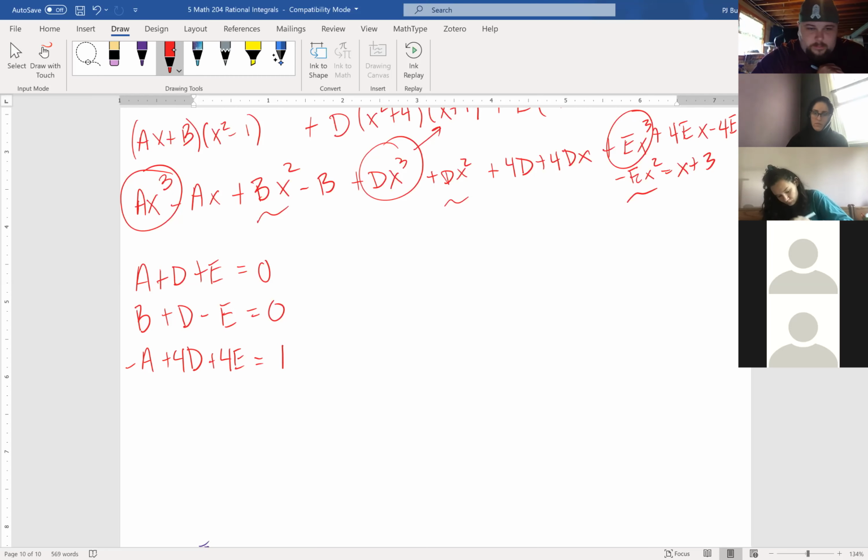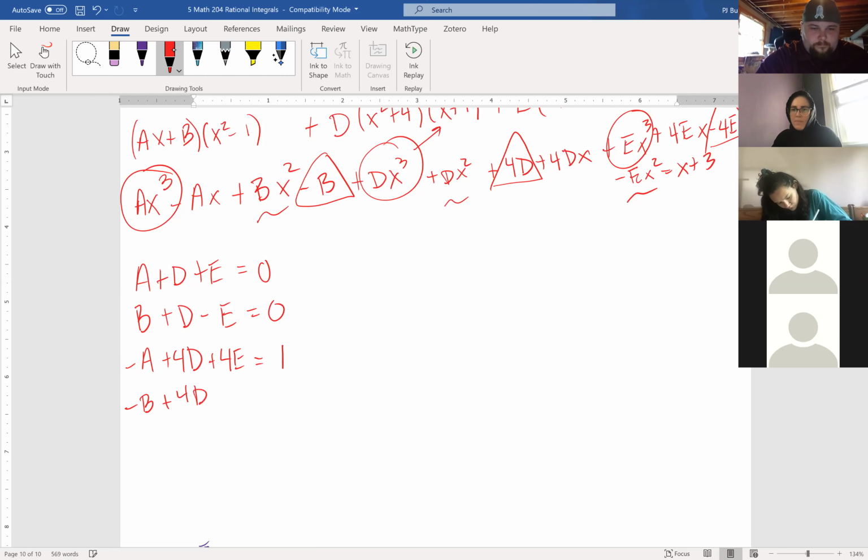And then constant terms, we've got minus b plus 4d minus 4e, sorry. So then that's going to be the 3, right? Because that has to equal the constant term.